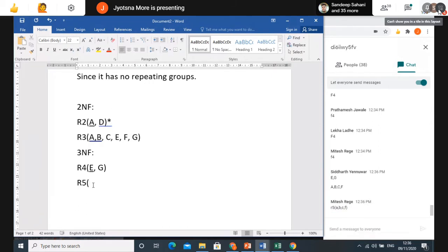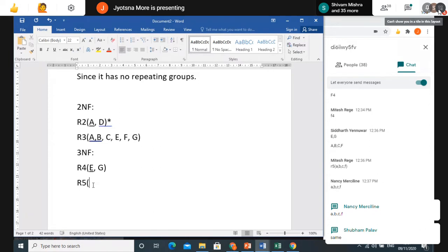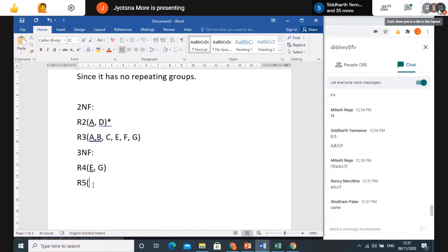Okay. Anyone else would like to modify this answer, or same answer? Same. A, B, C, F. What about E? What about G? G, okay, you have taken here in R4, so we are removing it.